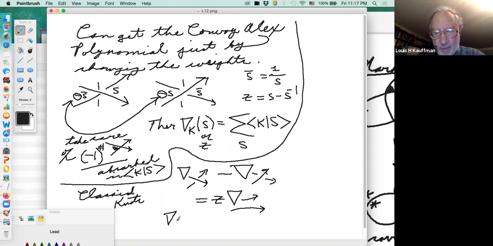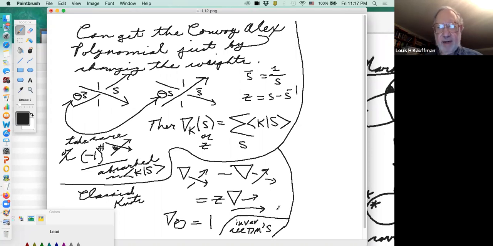And you'll have nabla of an unknot is equal to 1, and it's normalized, and it's invariant under all Reidemeister moves. So the Conway version normalizes it, and we don't have to have equals dot anymore. And we have this very pretty state summation for the Alexander Conway polynomial.